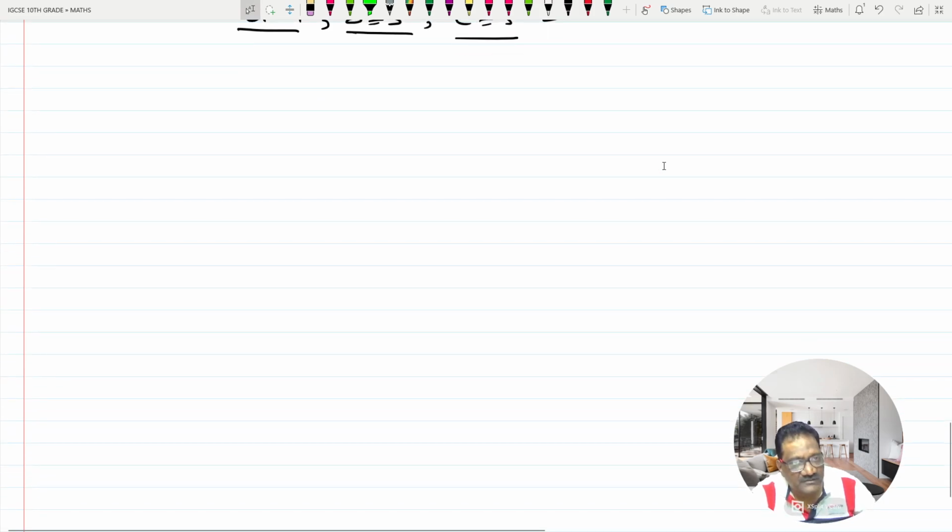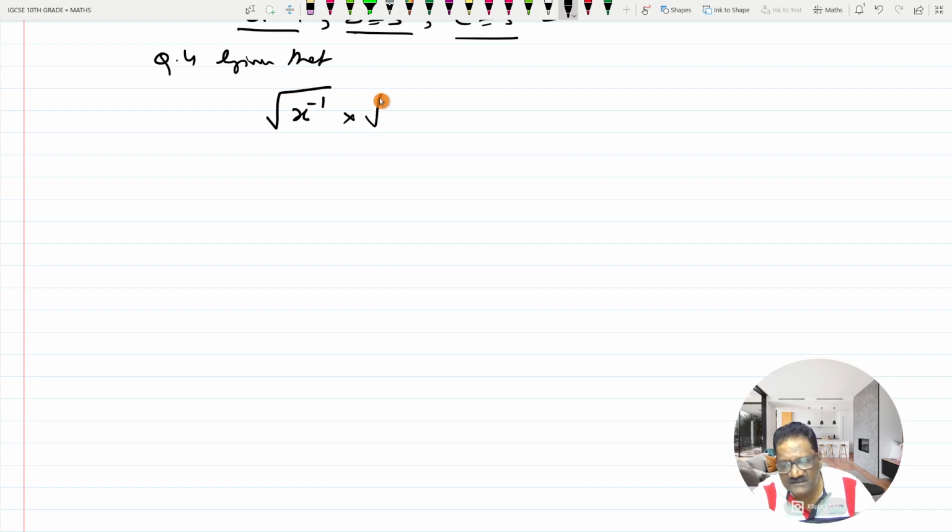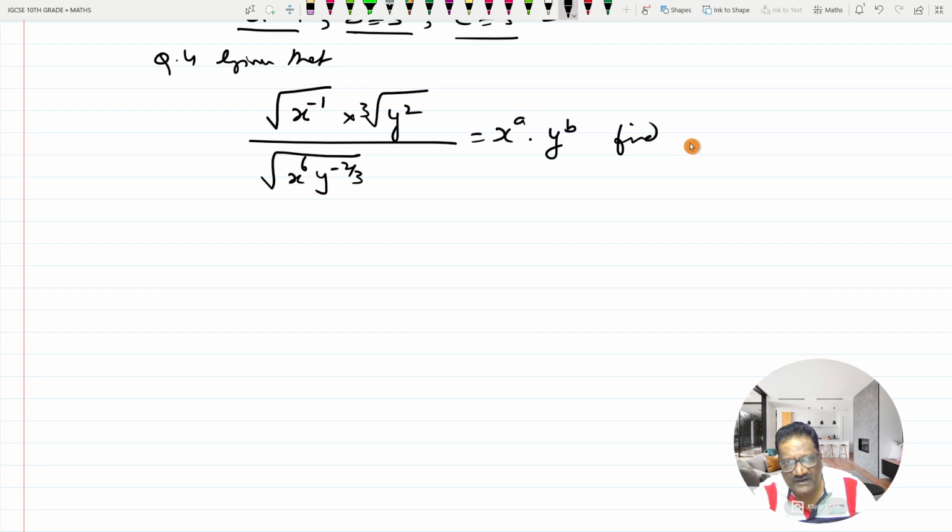Let us go to question number 4 now. So question number 4 says that, again, given that a square root of x raised to a minus 1 times a cube root of y square whole upon a square root of x raised to 6 and y raised to minus 2 by 3, and this is equal to x raised to a times y raised to b, and you are asked to find out a and b.